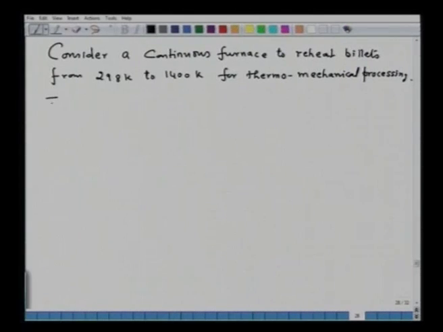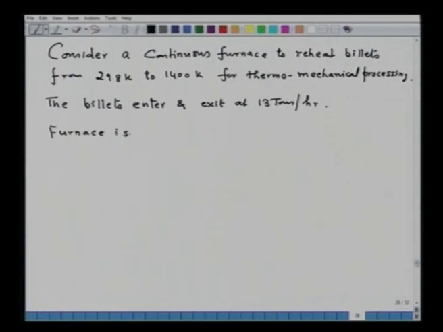The billets enter and exit at 13 tons per hour. Now, the furnace is oil fired.